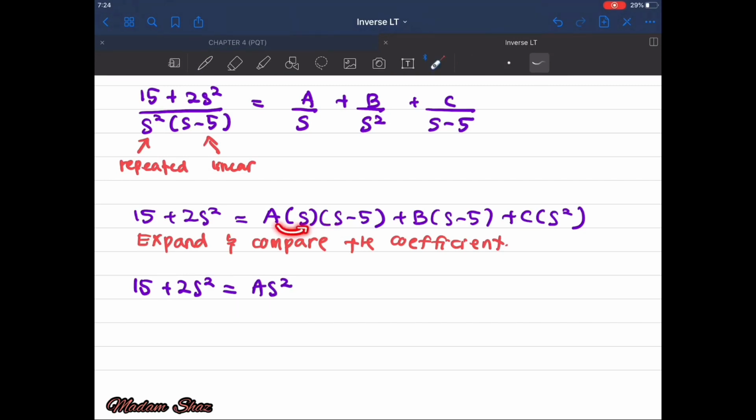A multiply with s, multiply with the negative 5 will become negative 5as. B multiply with s will become bs. B multiply negative 5 will become negative 5b. C multiply s square will become cs square.